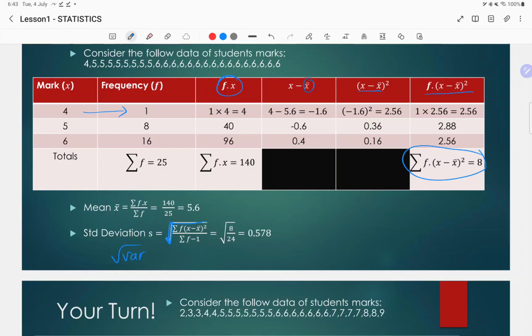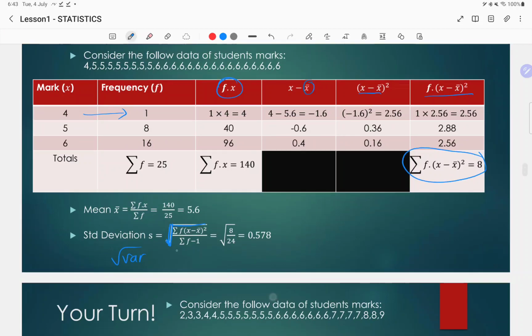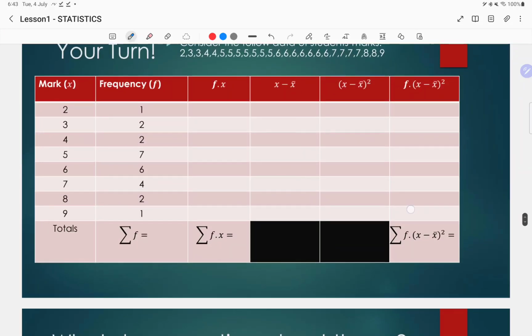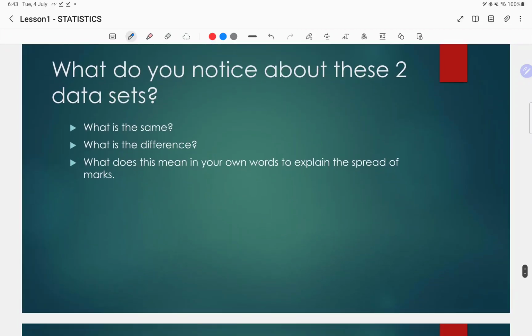In this case it will be the sum of f times the difference between each data point and the mean, squared, over the sum of all the f minus 1. That's basically it. So sum of all the values minus 1. The formula should be fine. Work through these formulas. That's standard deviation.